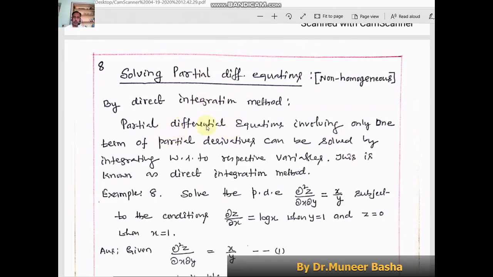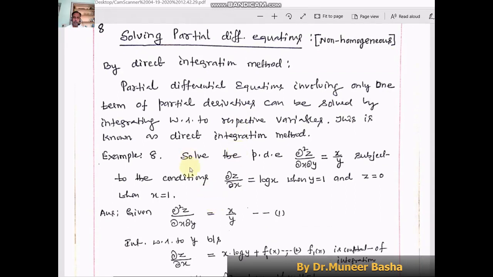Presently in this page, non-homogeneous partial differential equations, where the variety will involve only one partial derivative, or a partial derivative with respect to one variable, or one partial derivative term will be present.